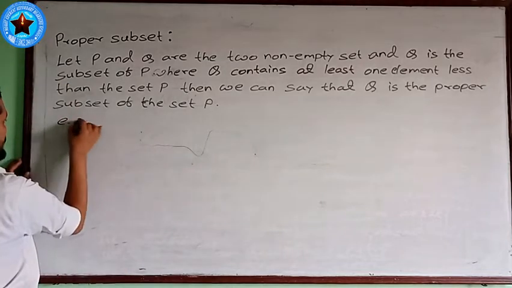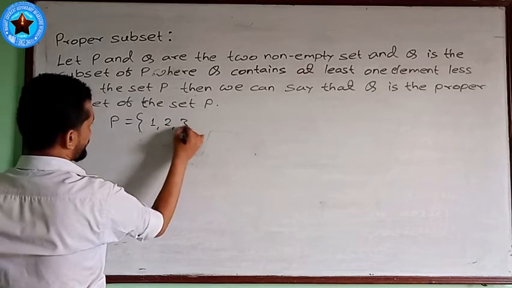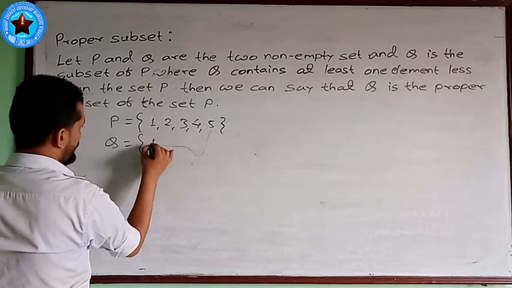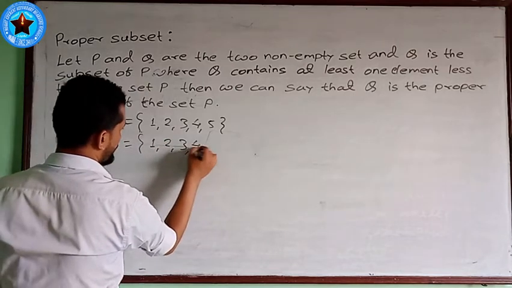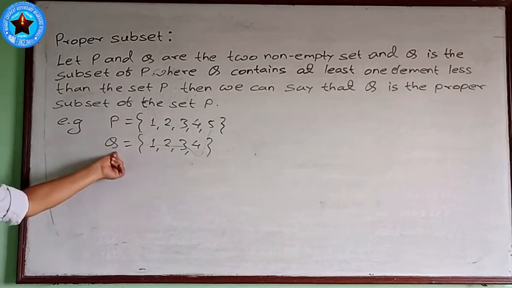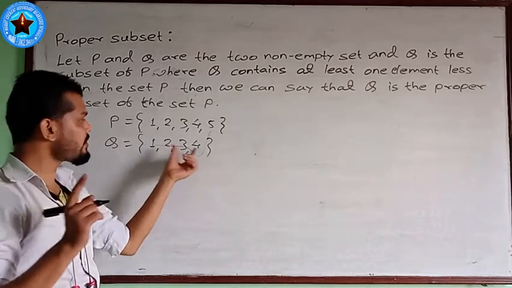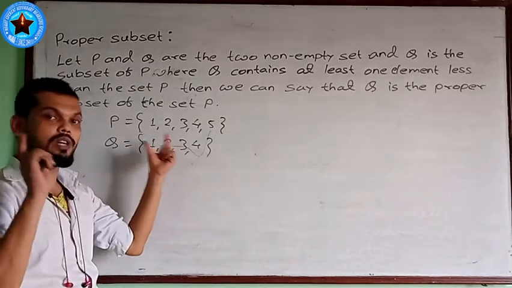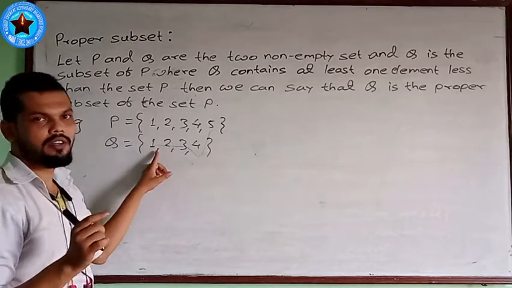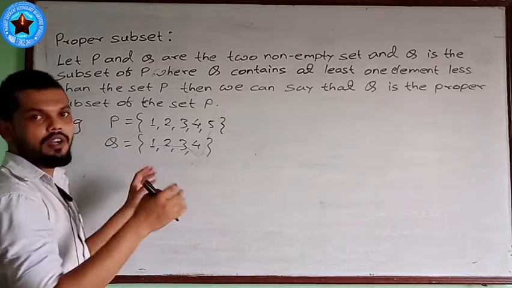Suppose the set P has the elements 1, 2, 3, 4, 5, and Q has the elements 1, 2, 3, 4. Here we find that Q has at least one element less. It doesn't mean there should be only one element less. It might be 1 only, 2 only, 3 only, or 4 only.